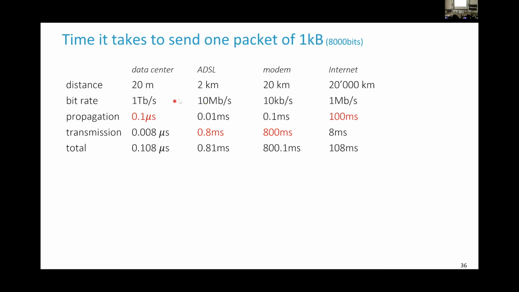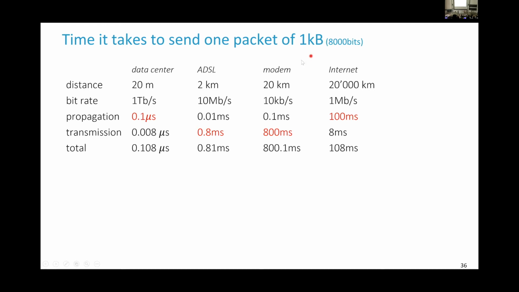Here are some examples of how those things compare. If I have a data center with very short distances, bit rates that are very large, then the propagation time to send a packet of 1 kilobyte, so 8,000 bits, that's a fairly standard packet size on the internet. On the internet, most packets are 1.2 kilobytes, or roughly speaking, that number.